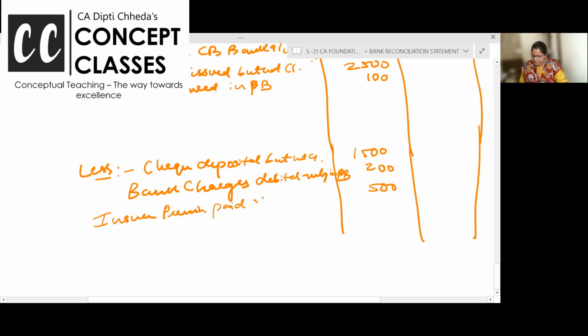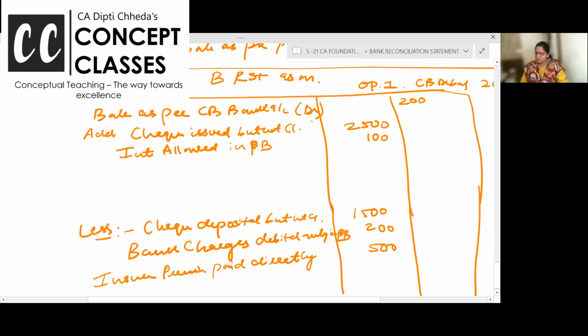Paid directly. Now, bank, with standing instructions they pay. Bills receivable directly collected in your bank, 2000 rupees. Okay, bills receivable deposited directly collected by the bank; money has come in your bank account directly. Credited means directly deposited, so we should also debit, and it's already debit, so what we should do? 2000 more debit.